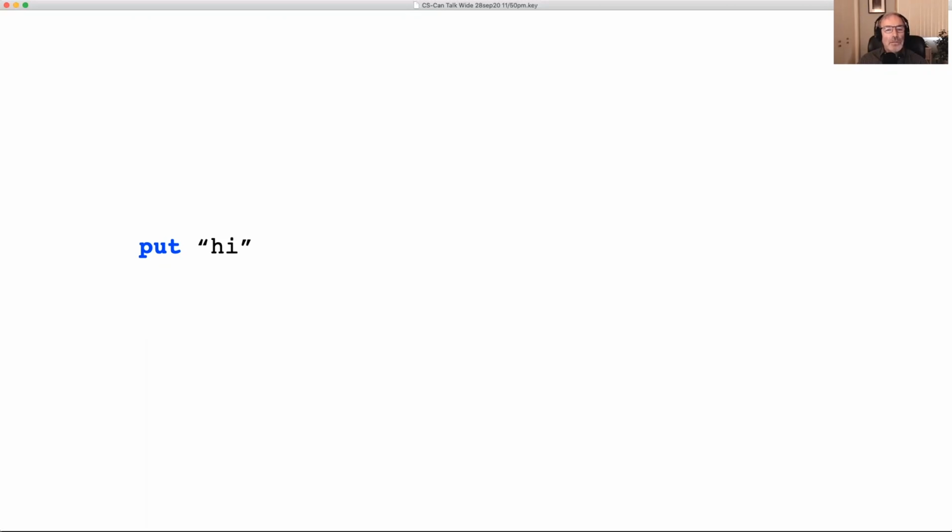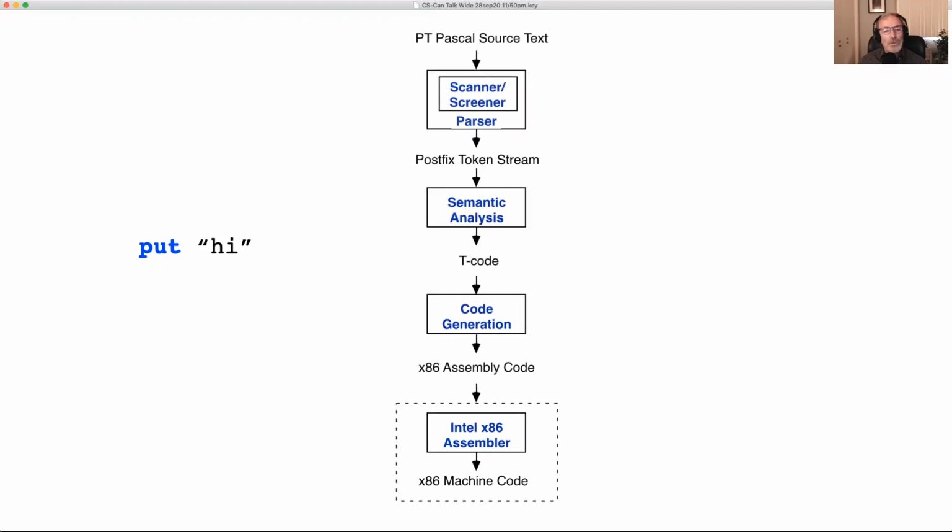But in order to try that out and give it to students and others and let them try this out, what we would have to do in those days is change the compiler for the language. So compilers have several parts. They have a parser and they have a semantic analyzer and they have a code generator, and then the code gets compiled or assembled into machine code, and then you get to run it.